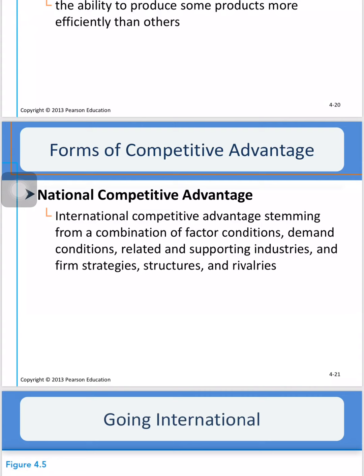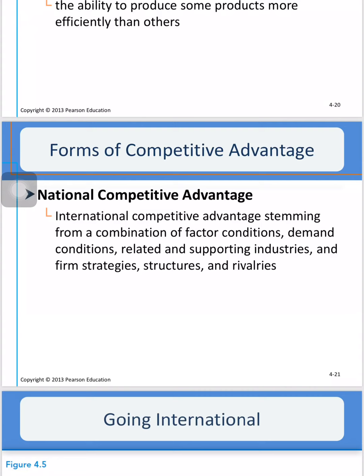Okay, you don't get confused on that. And one more thing: when the value of exports exceeds the value of imports, the country enjoys a trade surplus. When the value of imports is more than the value of exports, the country suffers from a trade deficit.